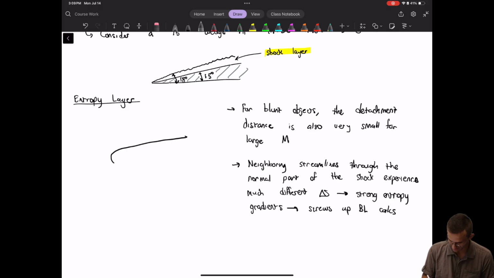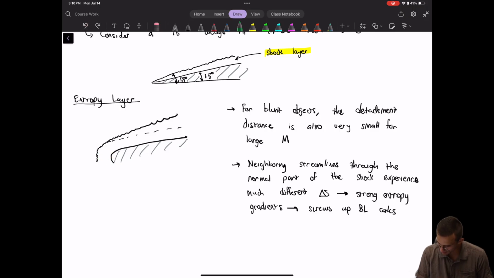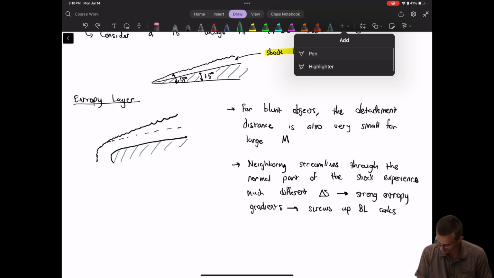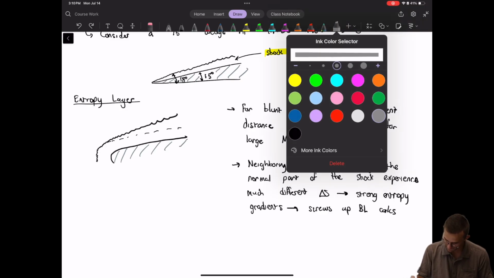Imagine you have this blunt object here, and then you have a normal shock that's formed upstream of it, like that, and the entropy layer is this region here. Let's do this a different way, with a gray highlighter, like that.